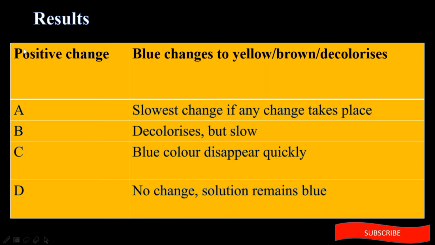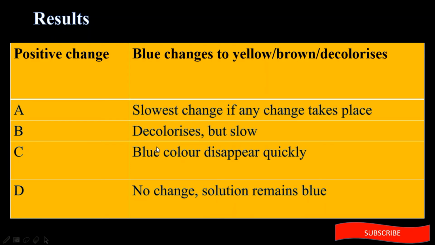Now, this is telling us that amylase in test tube B is somehow starting to digest starch. And then in test tube C, we are told that the solution, which is blue in color, disappears. So the blue color is changing quickly.